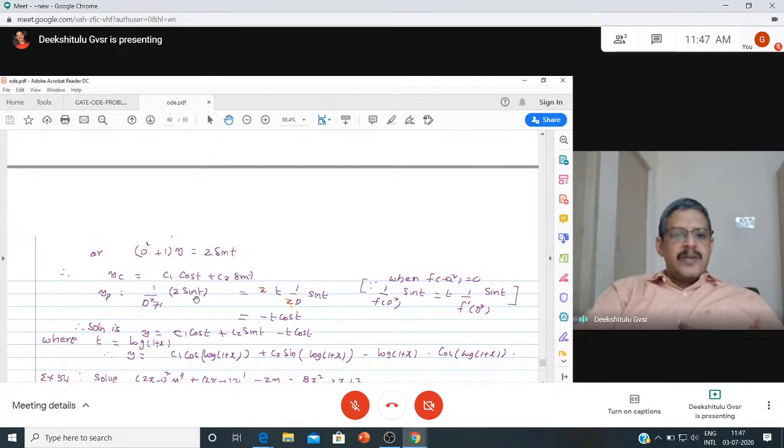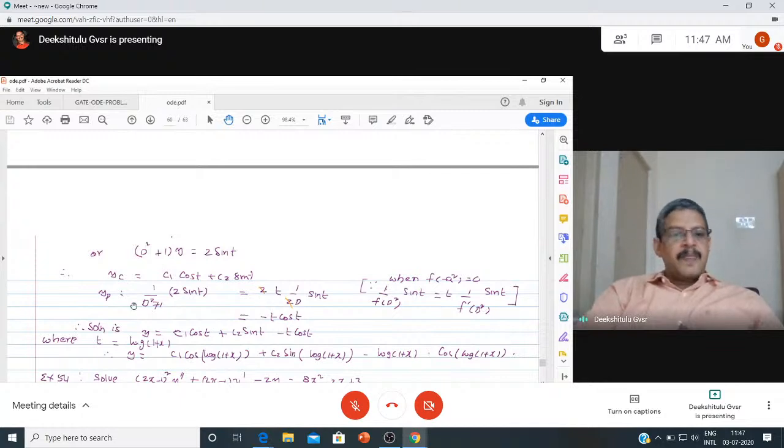So here what happens? D square, and here a is 1, so replace D square by minus 1. So this becomes 1 by (minus 1 plus 1), which is 0. f of minus a square becomes 0. Whenever f of minus a square becomes 0, 1 by f(D square) sin t is t into 1 by f dash(D square) sin t.